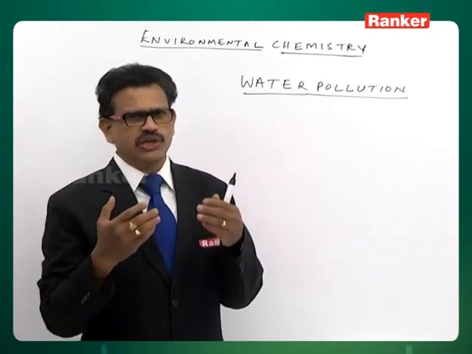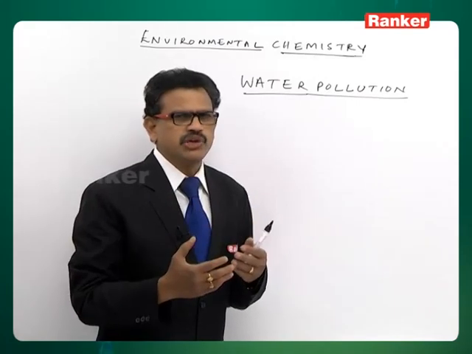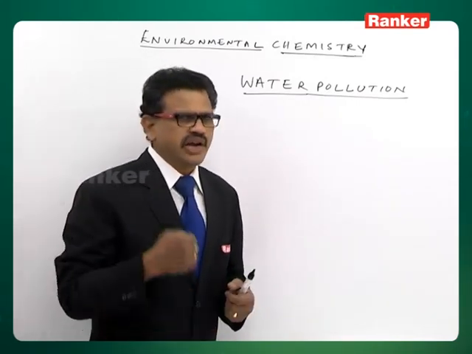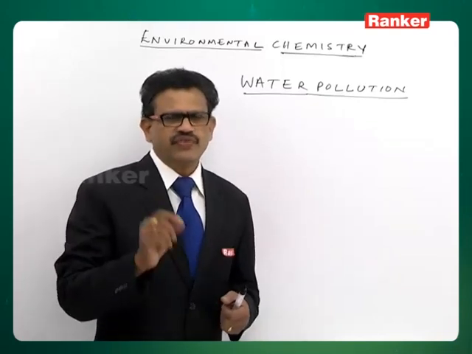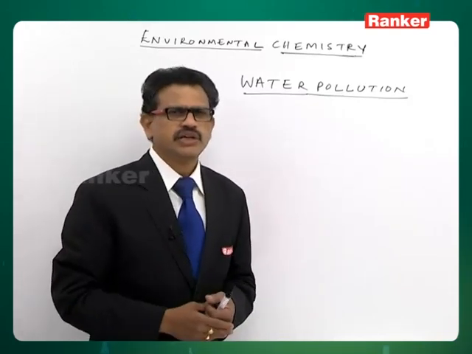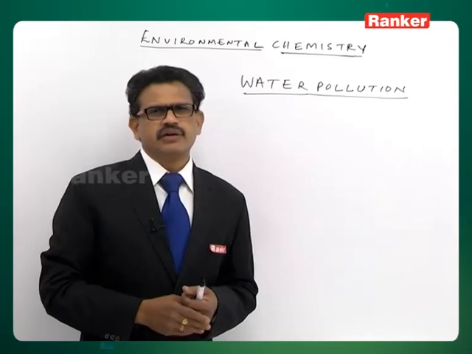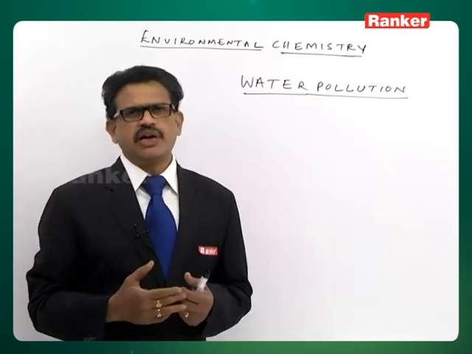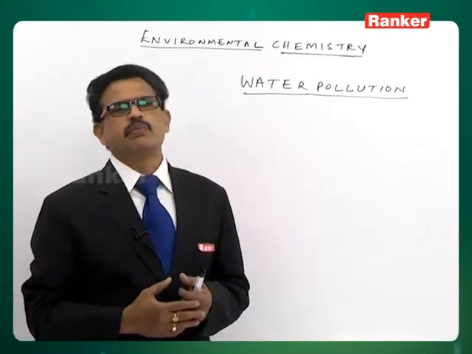If you go near that contaminated, polluted water, it will originate a bad smell. The color is changed, it's not fit for drinking purposes, and by observing these indications we can understand that this water is polluted water.